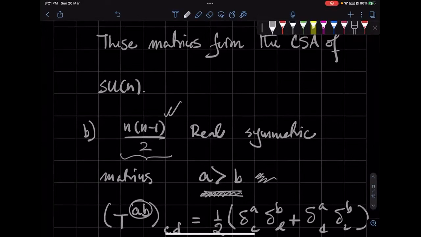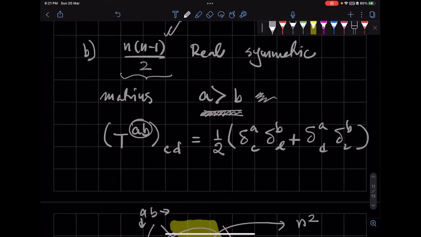Okay, and we know that because it's real, if it's going to be Hermitian, it better be symmetric, right? Otherwise, it won't be Hermitian. So it has to be symmetric. So up to normalization, this is what we have. We know that we can write this.